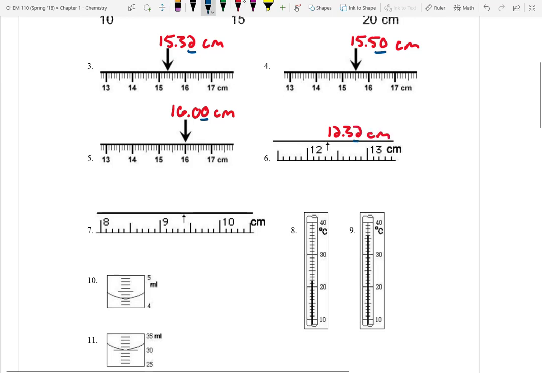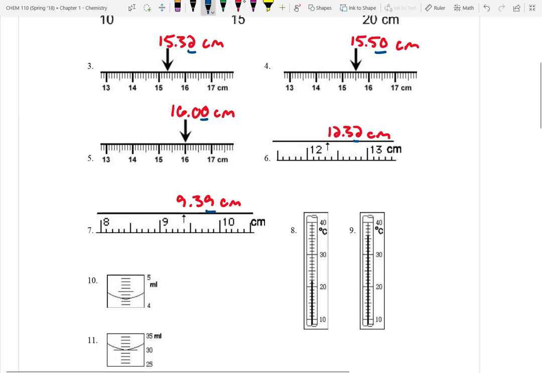Again, we've got the tenths place shown in the hash mark, so we want to go 1 past that to the hundredths place. All right, number 7. Looks like we've got tenths place shown. So it's definitely after 9.3. And then it's pretty dang close to 9.4, so I'll say 9.39 centimeters.